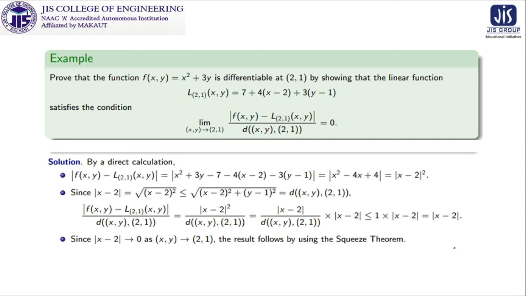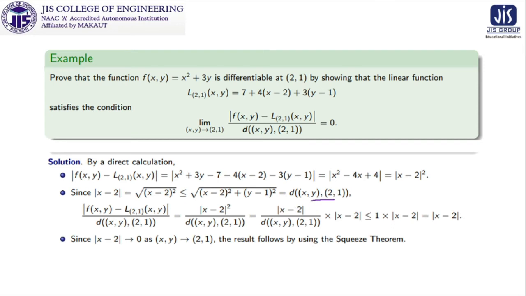Since mod of x minus 2 is equal to the root of (x minus 2) whole squared, we get (x minus 2) whole squared is less than or equal to (x minus 2) whole squared plus (y minus 1) whole squared, by the same logic that a single square quantity is less than or equal to the sum of more square quantities containing it. But the root of (x minus 2) squared plus (y minus 1) squared is nothing but the distance d between (x,y) and (2,1).